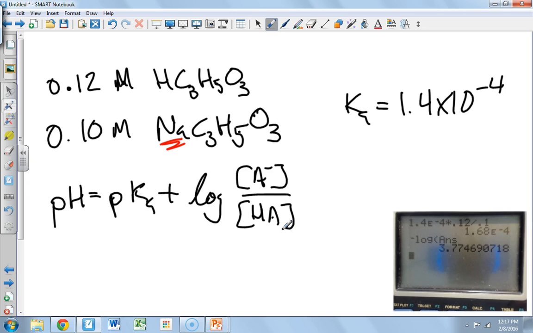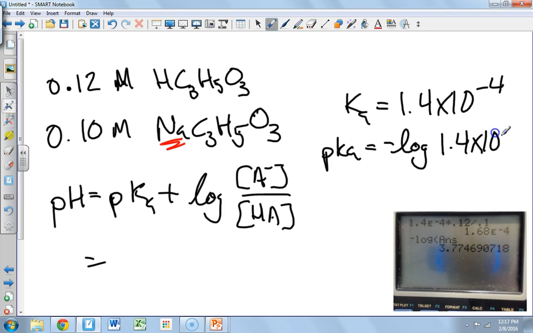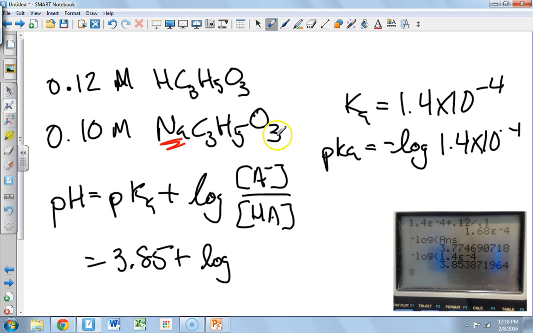So what's the pKa? The pKa is equal to the negative log of 1.4 times 10 to the minus 4, which is 3.85, plus the log of A minus, 0.1, over HA, 0.12.